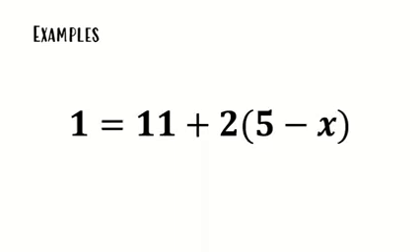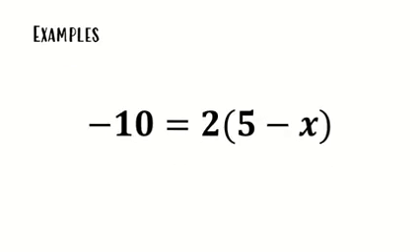So let's have a go at solving an equation using the rules we've just learnt. Let's read this. 1 is equal to 11 plus 2, open parentheses, 5 minus x, close parentheses. Yeah? So first we would subtract 11 from both sides. So we'd get minus 10 is equal to 2, open parentheses, 5 minus x, close parentheses.